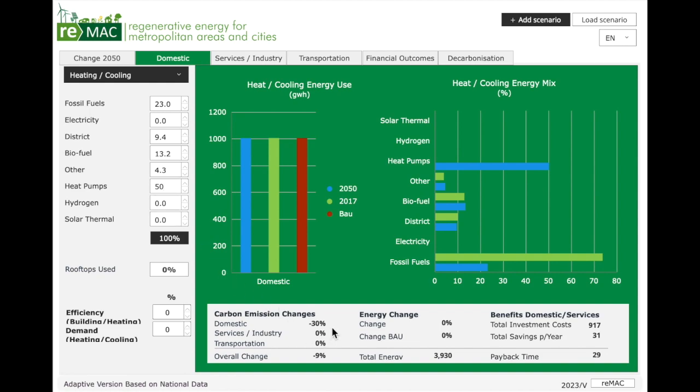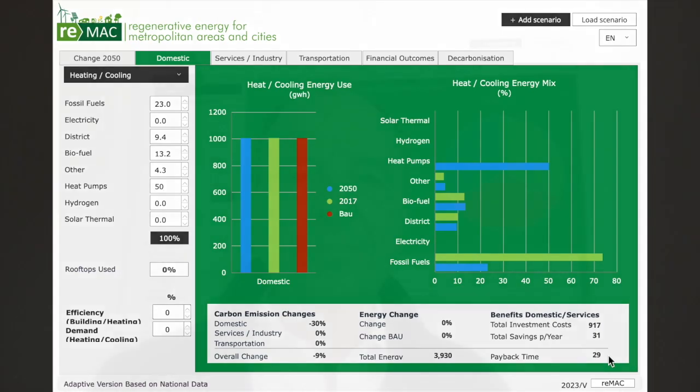CO2 emissions in private households fall by 30%. The fact that they have not also fallen by 50% is due to the fact that heat pumps also consume energy, namely electrical energy. The payback period is 29 years. This seems very long and uneconomical.